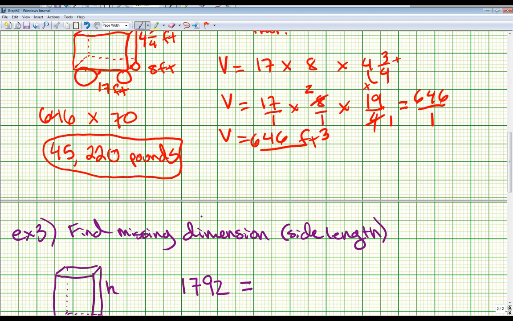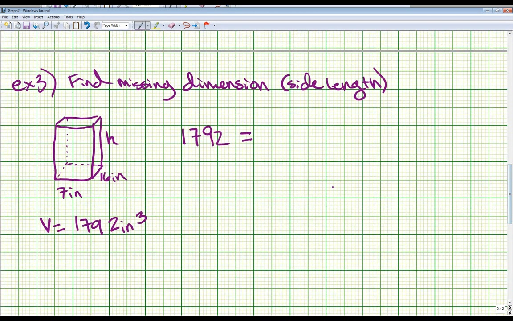Now remember, to find this, we have to go length times width times height. So our length is 7 times our width, which is 16, times our height. And in this case, we don't know our height, so we have to put an h. So this is our equation that we would use to find the volume.